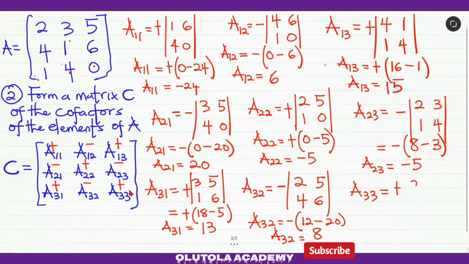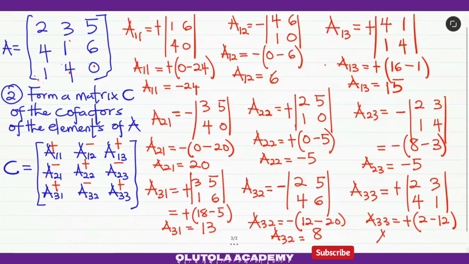When I do this, I'm going to have A33 to be positive 2 times 1 minus 12. So that will give us A33 to be negative 10.